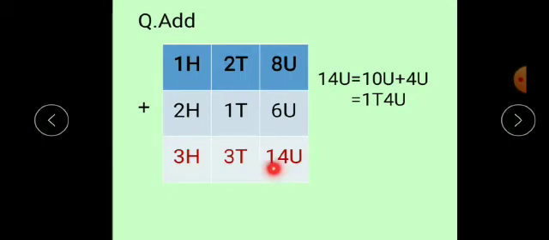So, in last class we have seen that this 14 can be written as 14u equals 10u plus 4u. Okay, and now 10 units is equal to 1 tens. So, instead of 10 units we can write 1 tens. So, 14u equals 1 tens 4u.